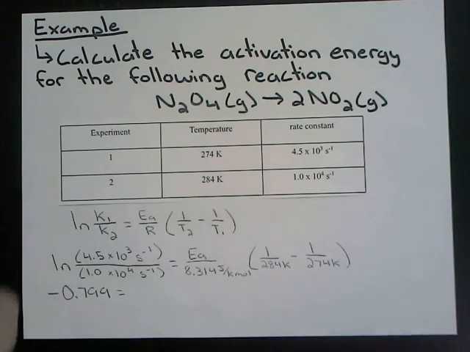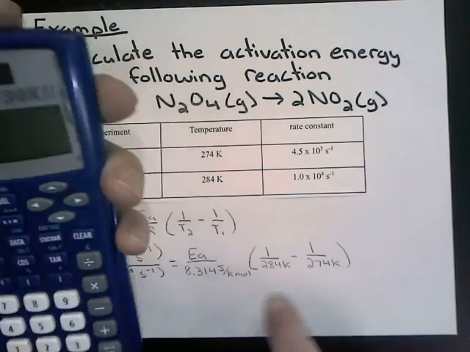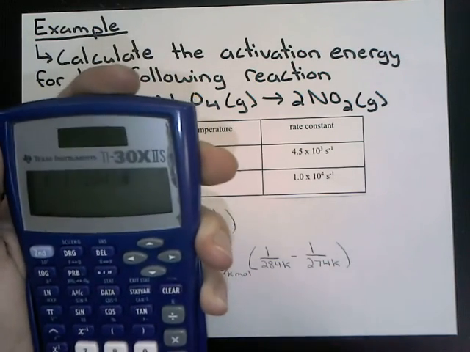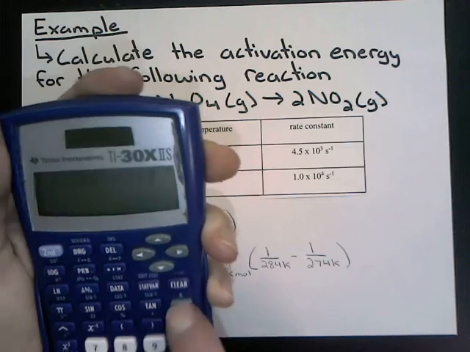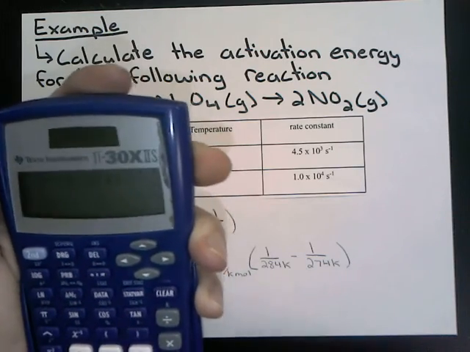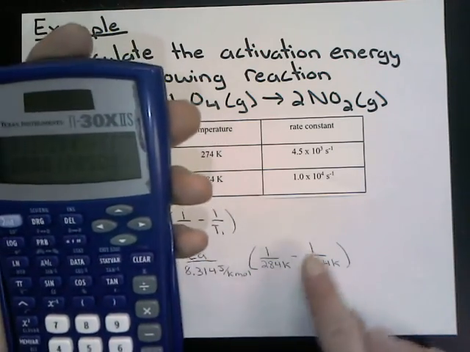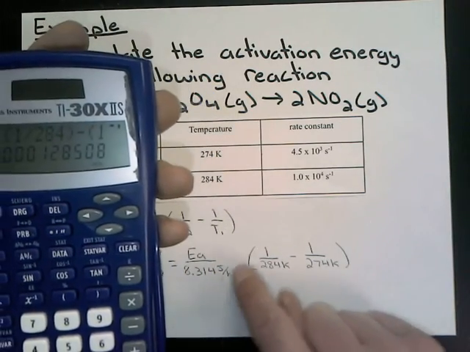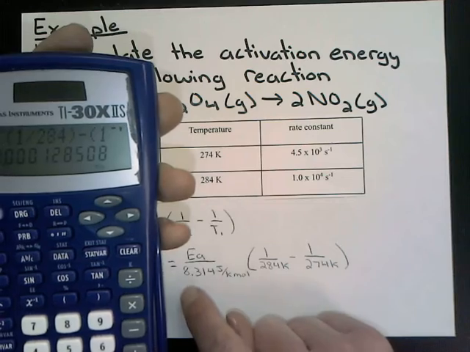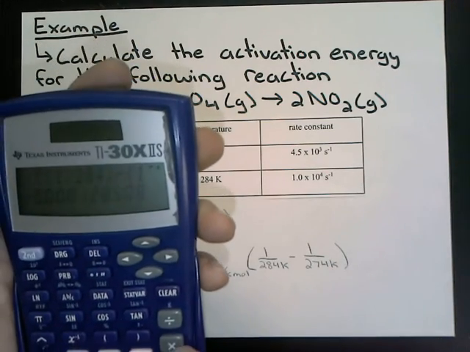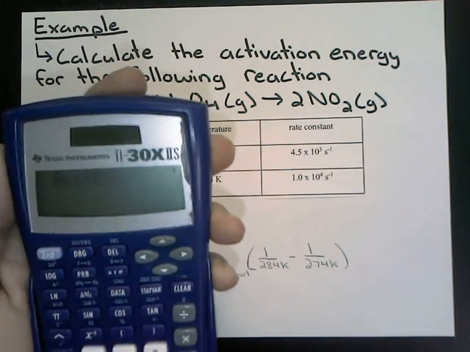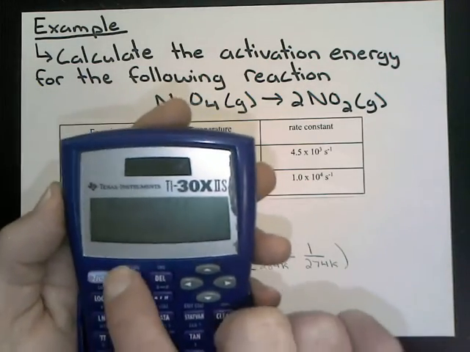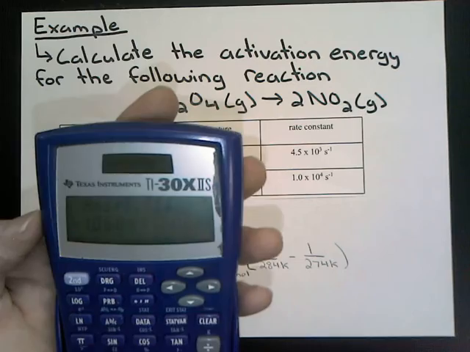So what I'm going to do is two things. Number one, I'm going to knock out 1 over 284 minus 1 over 274, and press enter. Now that is just this part here. Then I'm going to multiply it with that 8.314, so I'm just going to take times 8.314 and press enter. I don't want to write all that down, so I'm going to put it into scientific notation.